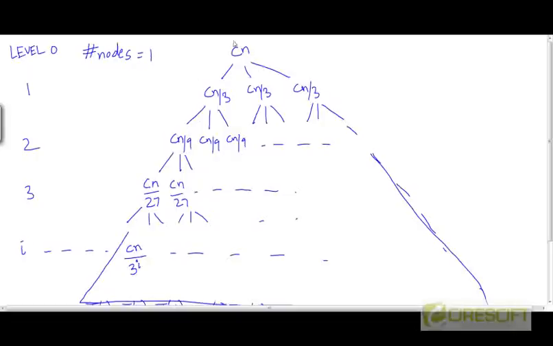There was only a single node at the topmost level. At level 1 we had 3 to the power 1 nodes, 3 nodes. At level 2 we had 3 to the power 2 or 9 nodes. At level 3 we had 3 to the power 3 or 27 nodes. At level i we are going to have 3 to the power i nodes.